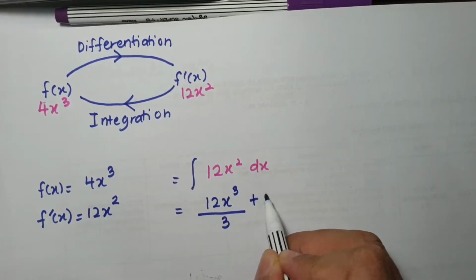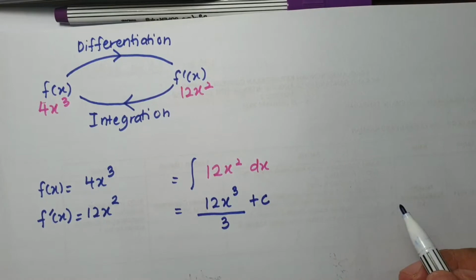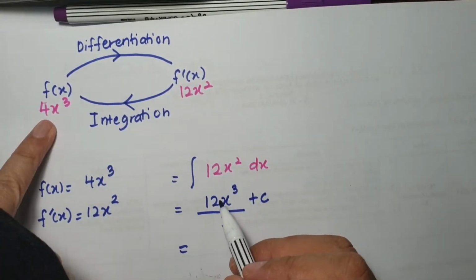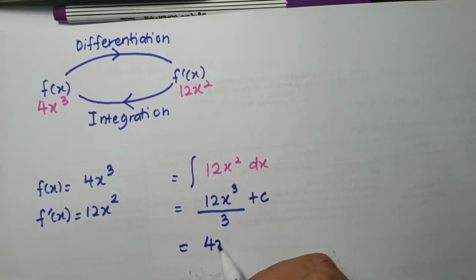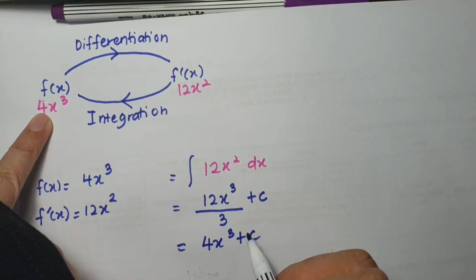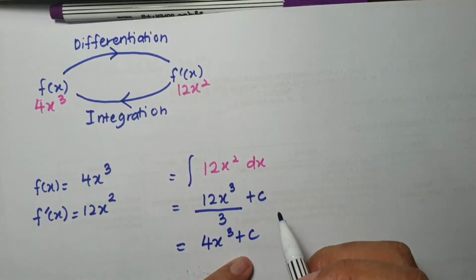And don't forget to put plus c, where c is the constant of integration. So let's see the result. 12 divided by 3, 4x cubed plus c. Yes, the result is 4x cubed. Why do we put plus c here?